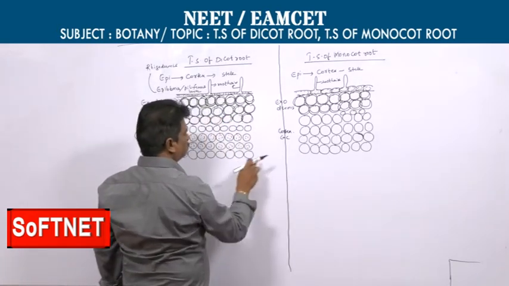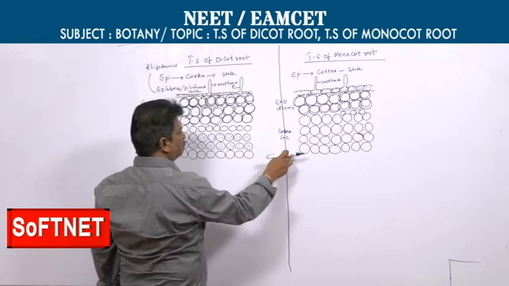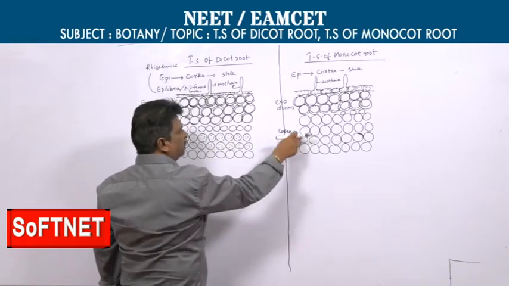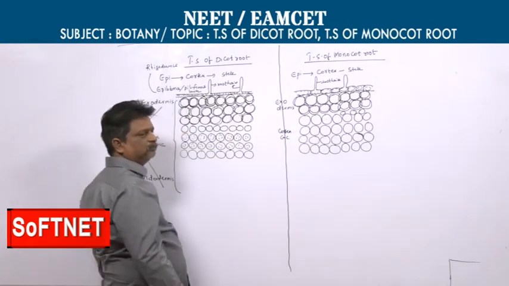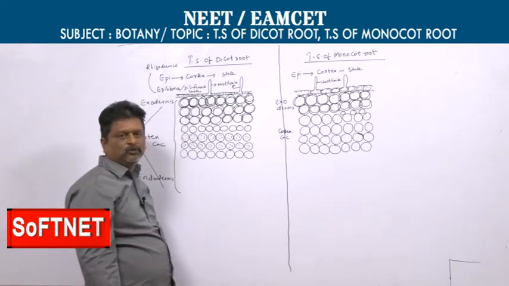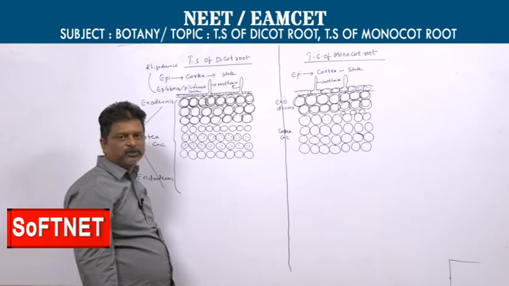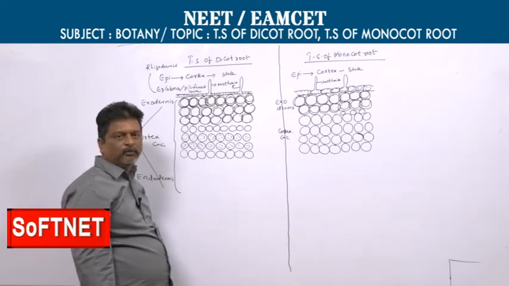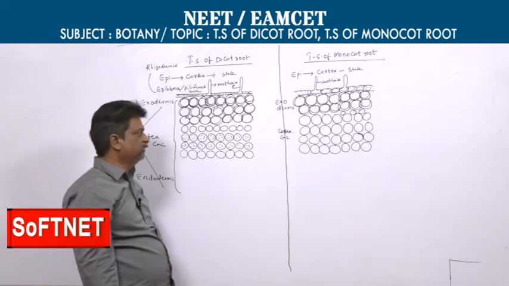In both roots, along with storage, they help in lateral conduction, mostly through cell wall and intercellular spaces, rightly called apoplastic pathway.